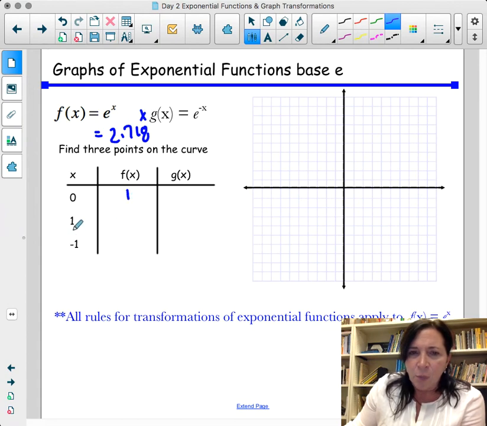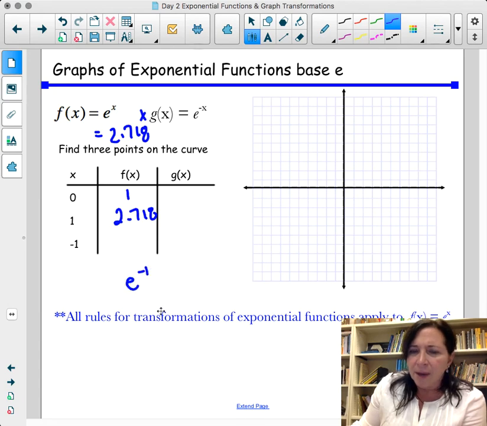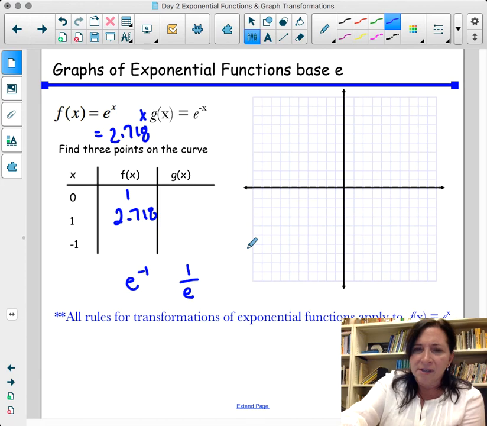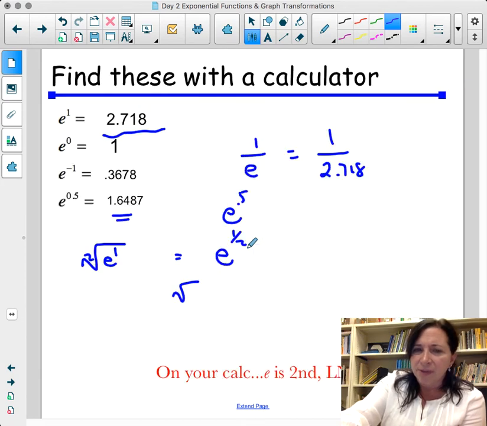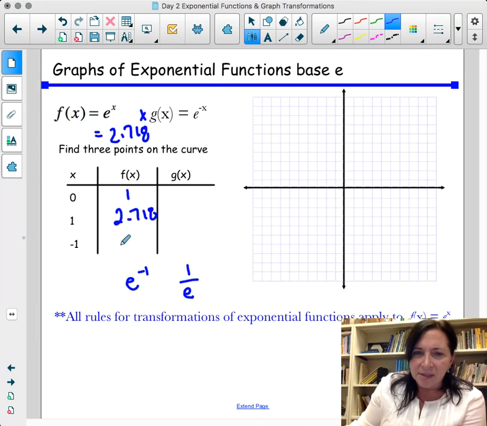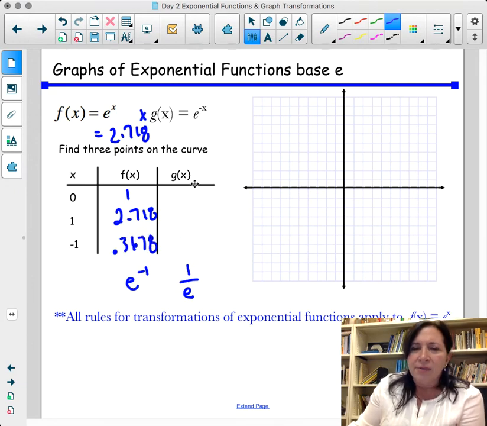And if we plug in 1, that's e to the 1 power, well, that's 2.718. e to the -1 power is 1 over e, and we just got that value, 0.3678. So that's this value right here, 0.3678.